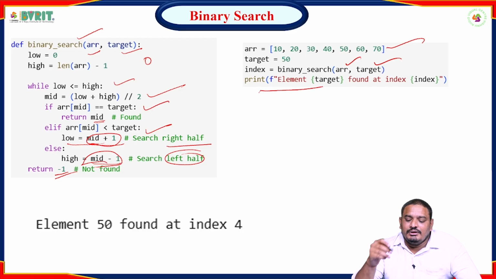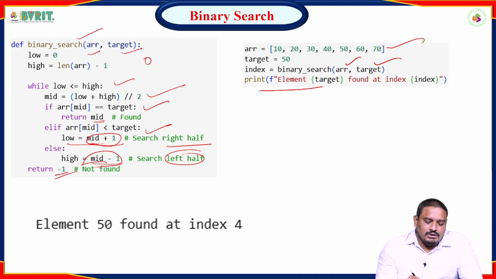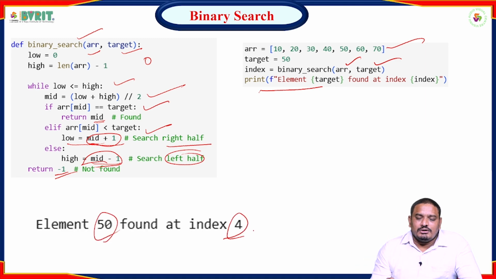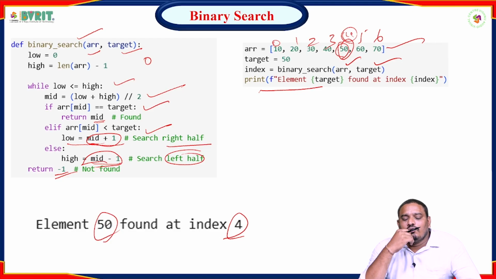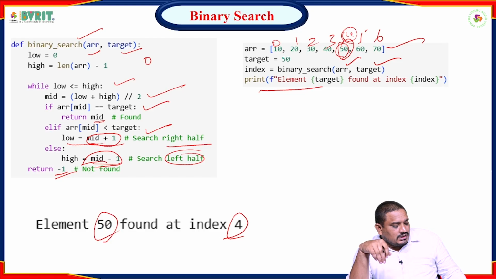Finally, we print whether the element is available in the list or not. So the 50 element is found at the 4th position: 0, 1, 2, 3, 4, 5, 6. This is the program for binary search.